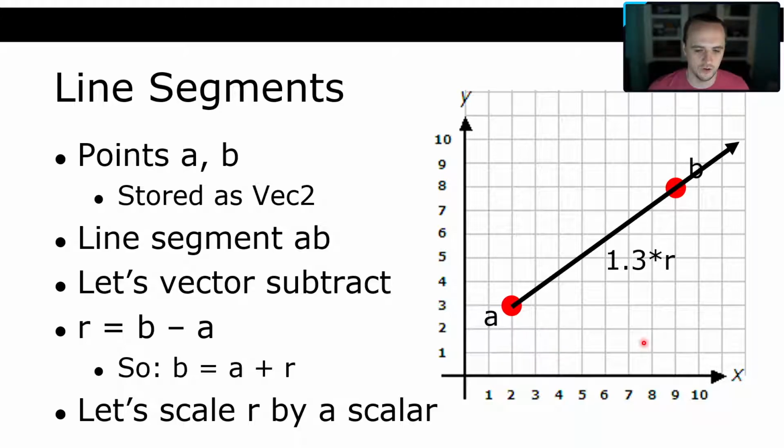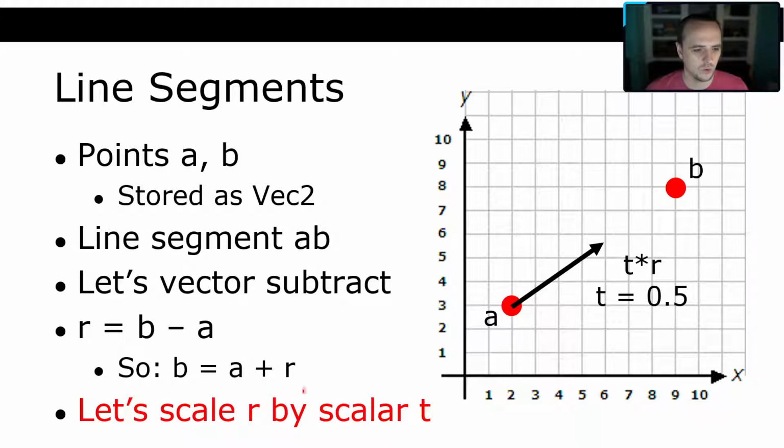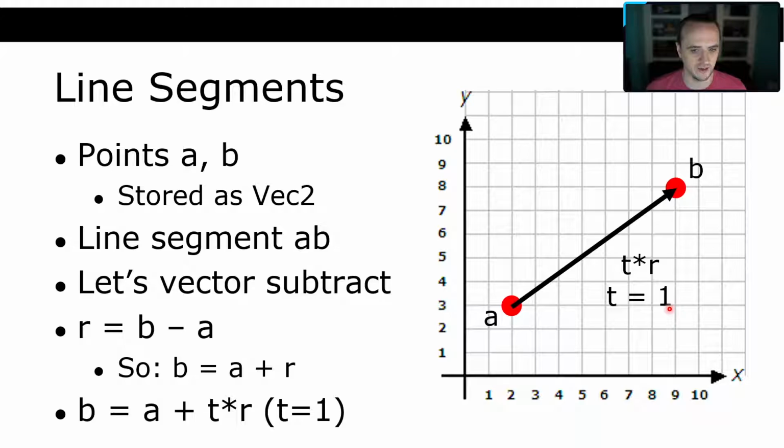So what we're going to do is scale R by a scalar value called T. I know this is a lot, you've got A, B, T, and R, but just try and review this a bit later. So T is the scalar value that we're scaling R by. In the example that we showed, T is equal to 0.5. And if we've got just line segment AB, then T is equal to 1.